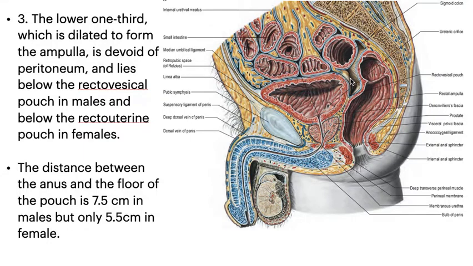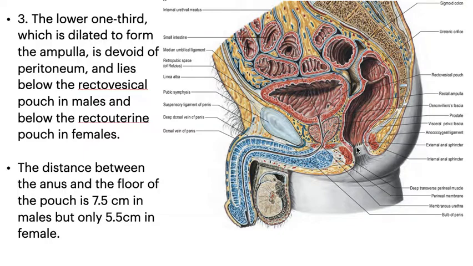Lying below the rectovesical pouch, in males between the rectum and the bladder, this is the rectovesical pouch, and in females, the rectouterine pouch. The distance between the anus and the floor of the pouch is about 7.5 centimeter in males and only 5.5 centimeter in female.